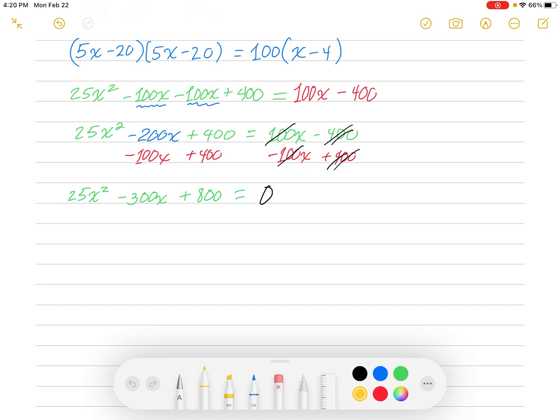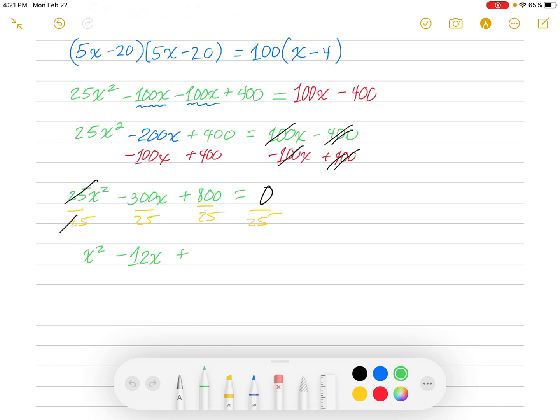But first, I'm going to notice that, hey, look at this. These all have a 25 in common, right? You can divide all these by 25. I'm going to divide the whole left side by 25 and the whole right side by 25. So 25 divided by 25 is 1, that cancels, we've got x squared. 300 divided by 25 is, I believe, 12.